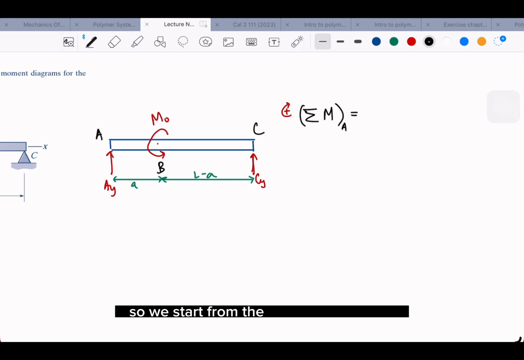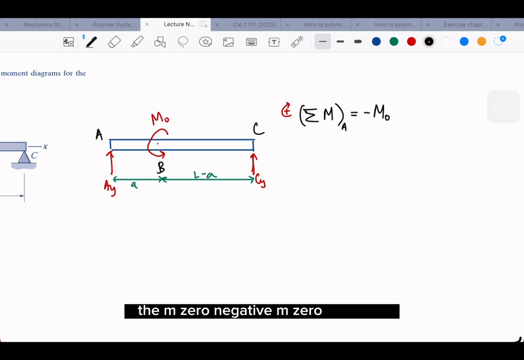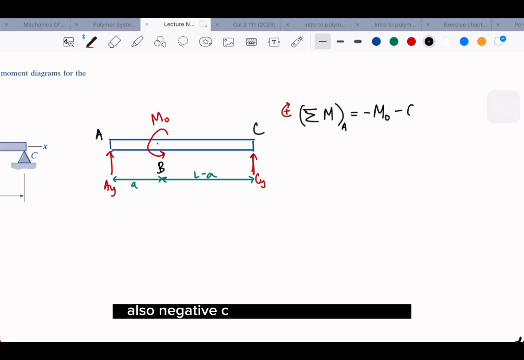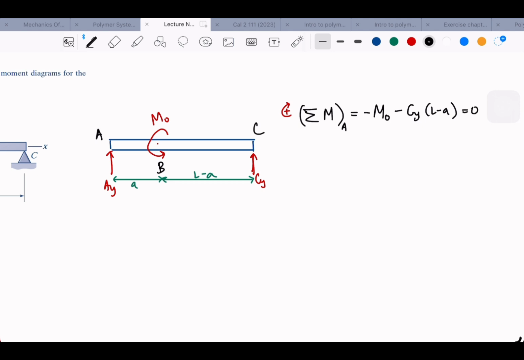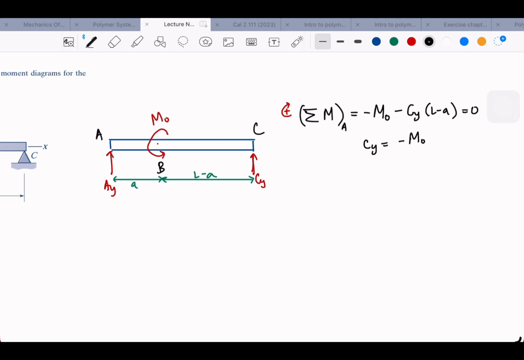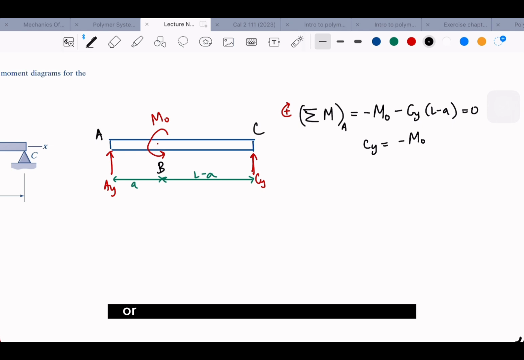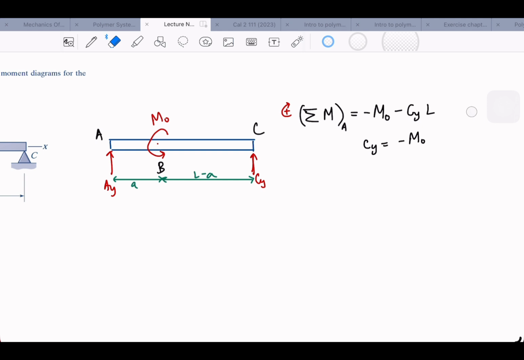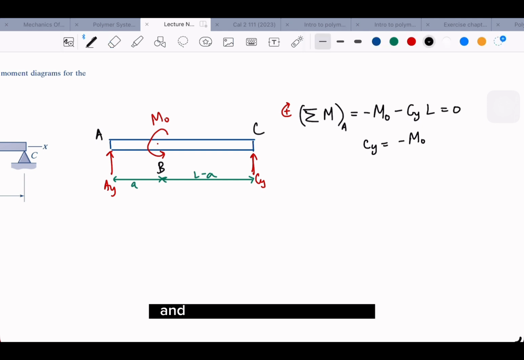So we start from the additional external moment, negative M0, and then also negative CY times L minus A, this is equal to 0. And then we can describe CY as negative M0 over L minus A. This should be just L, sorry. Negative M0 over L, right?